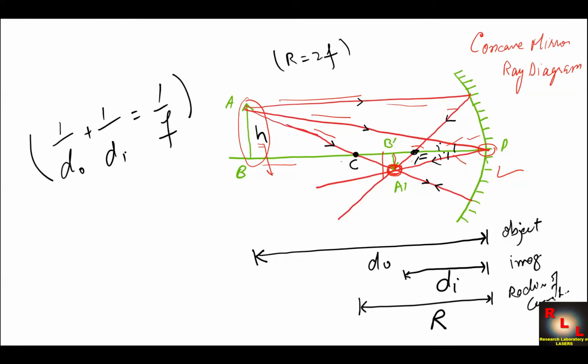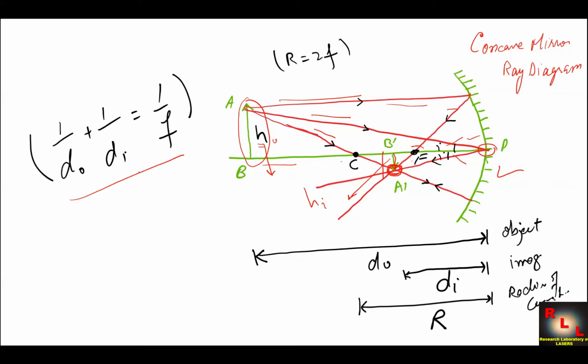This one is the height of the object, and in case of an image, the height will be denoted by H with I, O. So you can simply draw the ray diagram to find out the exact position of the image.